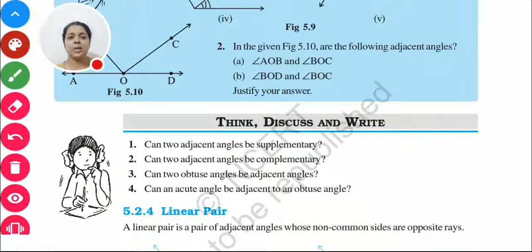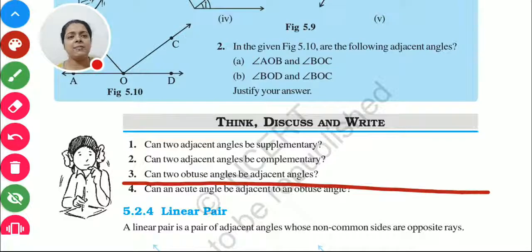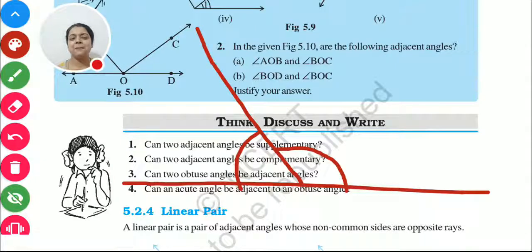Coming to the next one. Can any acute angle be adjacent to an obtuse angle? Acute and obtuse. Let's see. In this case, what we need to do? I have taken one obtuse angle, and this is also an acute angle. You just see, one is more than 90 degrees, so it is an obtuse angle.